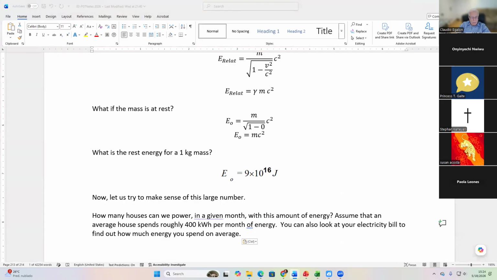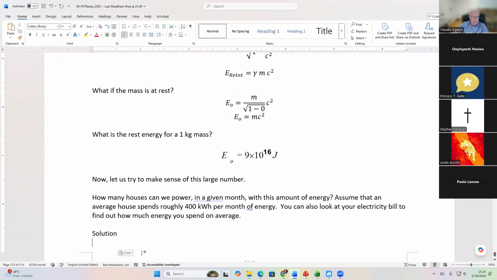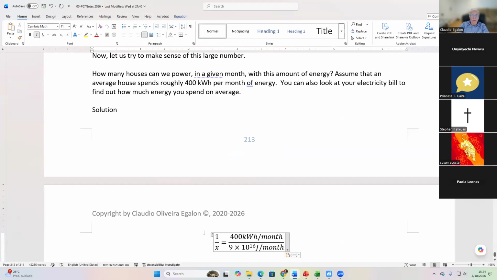And here you go, solution. A single house spends 400 kilowatt hour in a single month, whereas X houses spend that much energy in a given month.